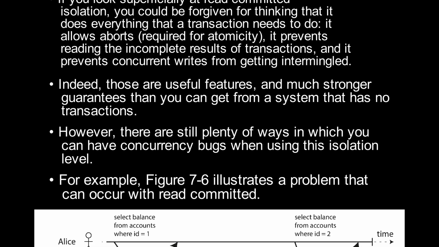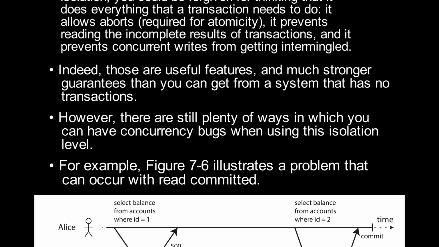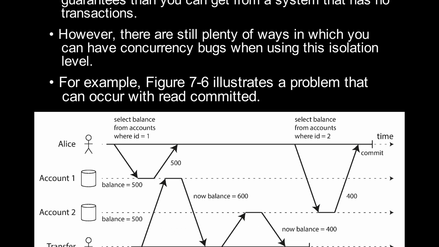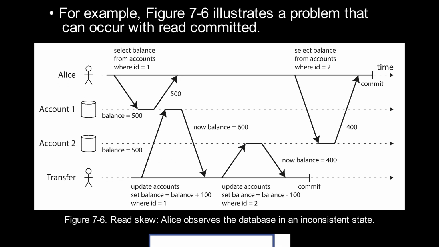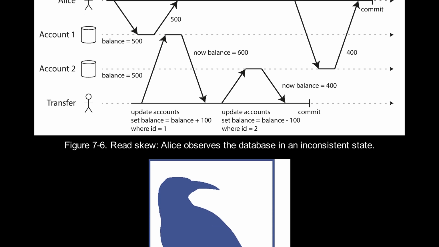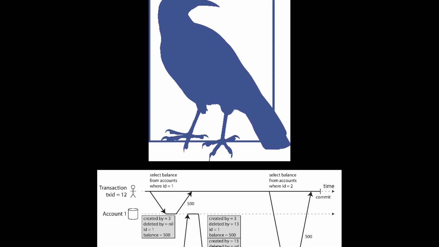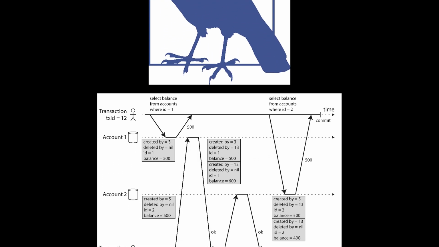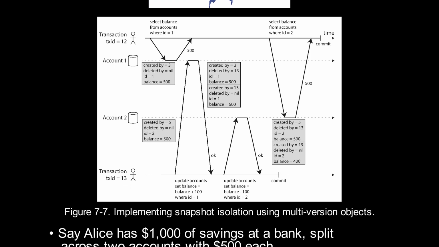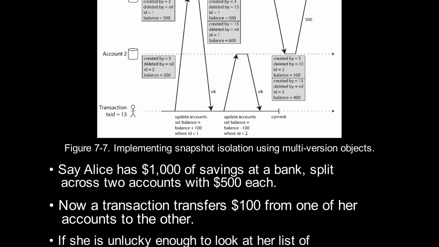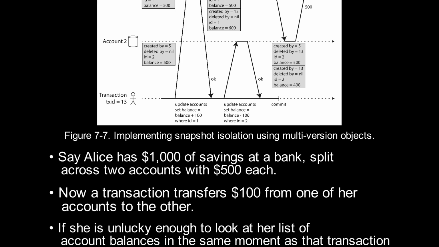For example, Figure 7-6 illustrates a problem that can occur with read committed. Figure 7-6, read skew. Alice observes the database in an inconsistent state. Say Alice has $1,000 of savings at a bank, split across two accounts with $500 each.